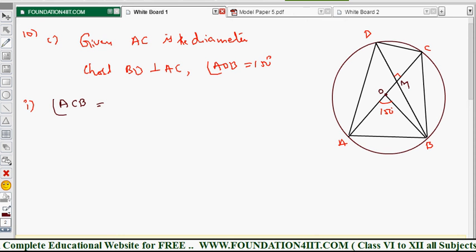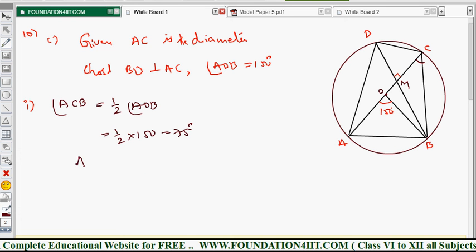That means AOB is 150, then ACB is half of that. So angle ACB is half of angle AOB, that's the rule. So 1 by 2 into 150, that is 75 degrees.